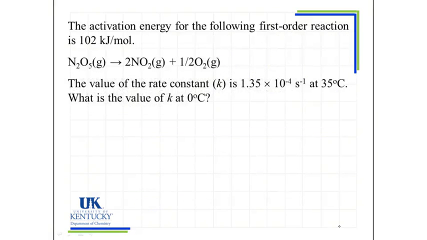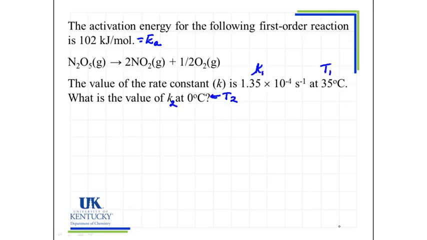I've got a reaction in which I've given you the activation energy, E sub A. I've told you the rate constant k at 35 degrees Celsius, so let's call this K1 and this T1. We want to know the k, which we'll call K2, and this T2.